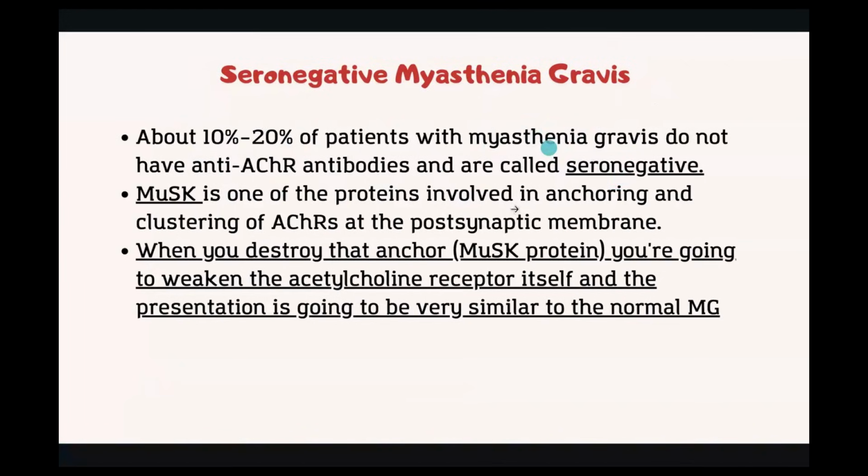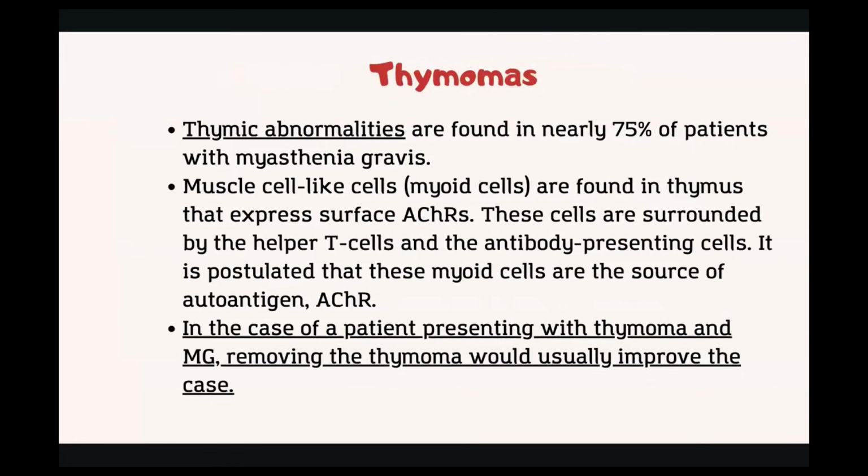Instead, those cases, they have anti-MuSK. What is MuSK? MuSK is basically a protein that anchors the acetylcholine receptors at the postsynaptic membrane. So if I have an antibody against the MuSK, we won't have anchoring of the acetylcholine receptor, and we're going to have decrease again of these receptors, causing a very similar presentation to the normal myasthenia gravis.